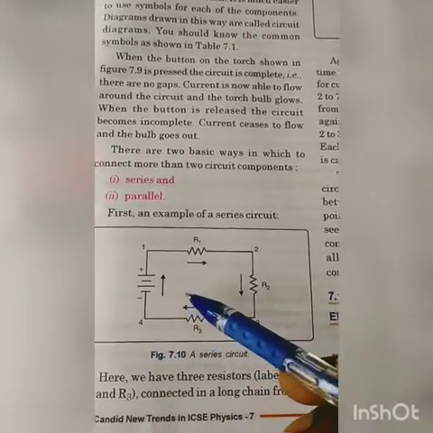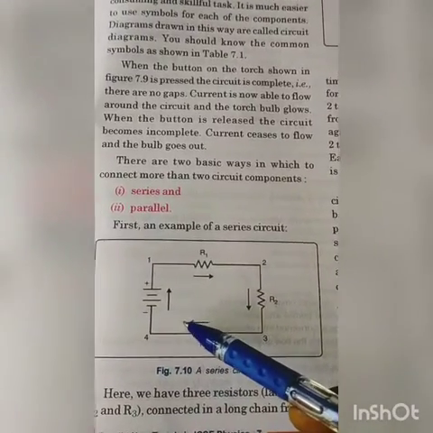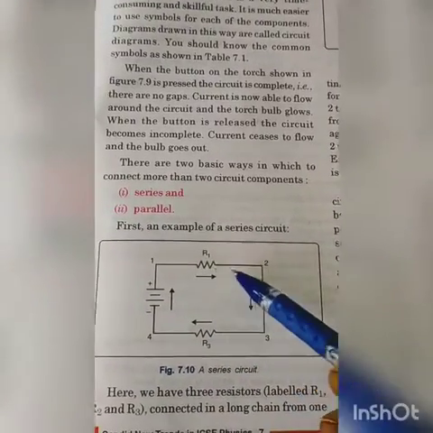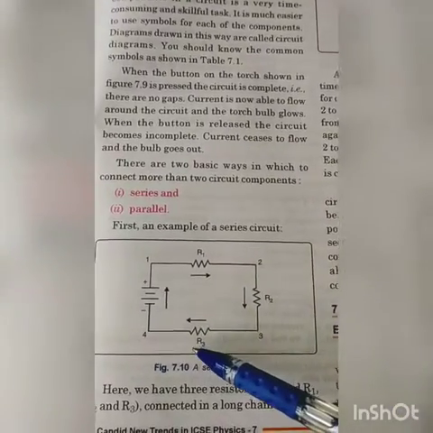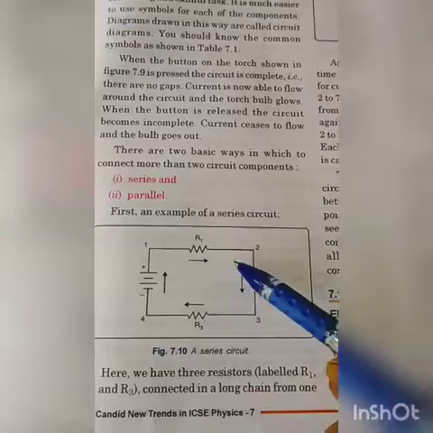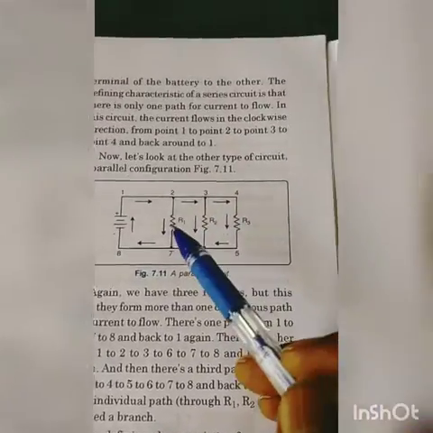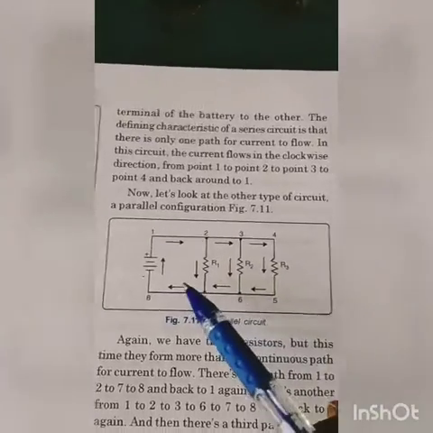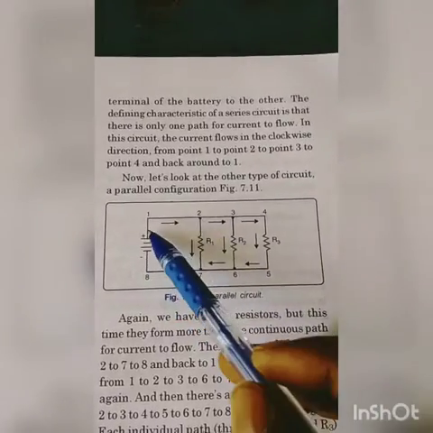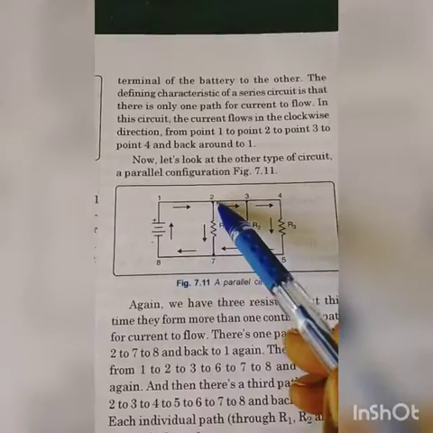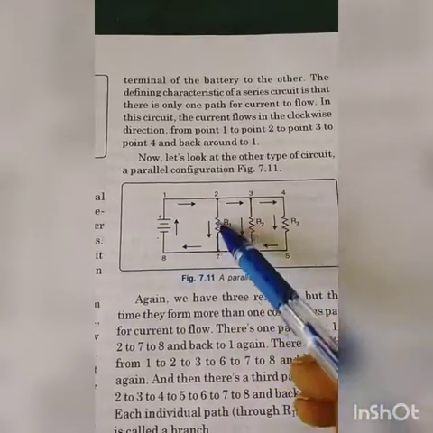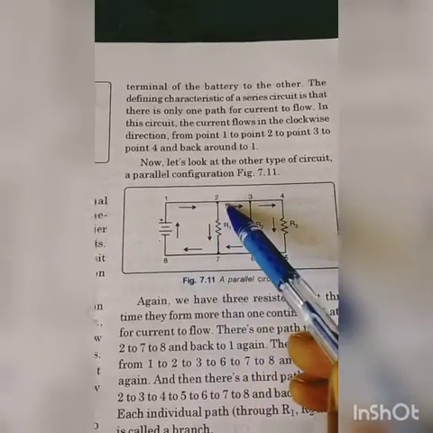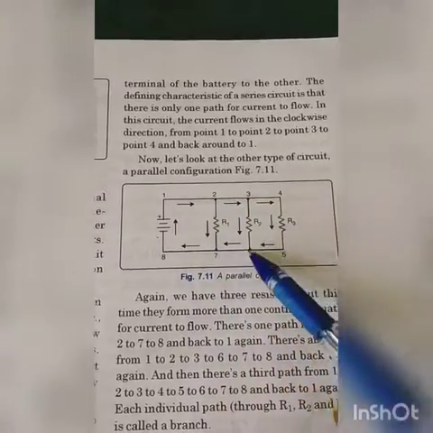Here in this series combination, the voltage is decreased, but the current remains the same. But in parallel combination, the resistances are joined like this. From here, the current goes one way here and one way here. The circuit is complete for this also, and again one wire is going for this also.